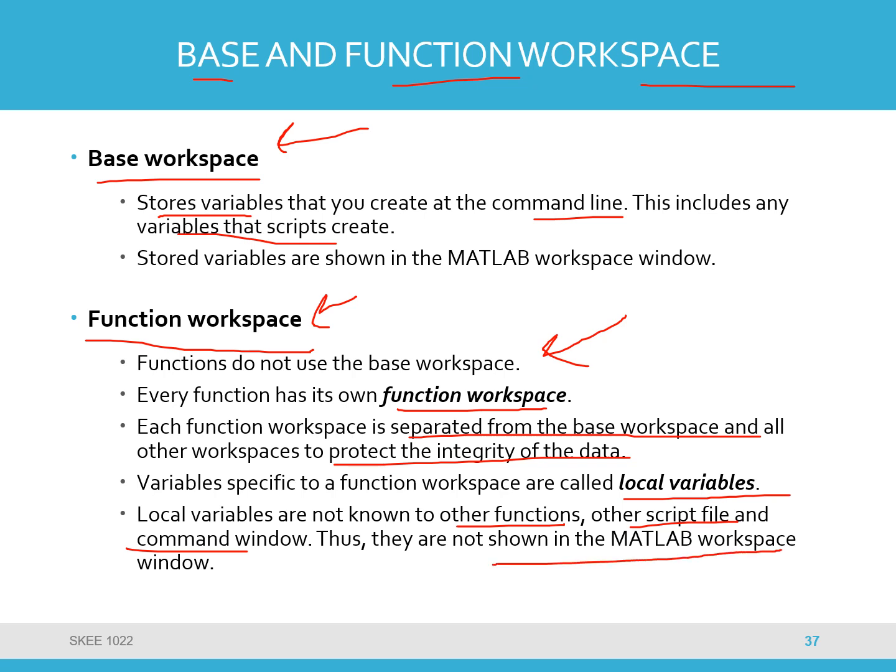And they are not shown in the workspace. So basically you have two separate data saving locations: inside here is a local variable, and this one is the global variable.